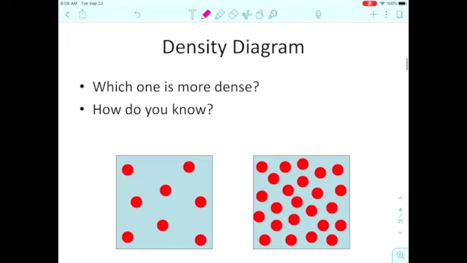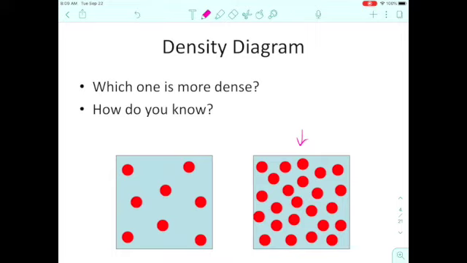Look at these two boxes here. Which one is more dense, and how do you know? Well, they're the same size, but the one on the right has more particles in it, and so that would represent that it had more mass. So they're the same volume, but the one on the right has more mass.